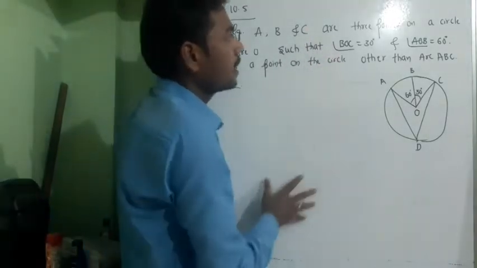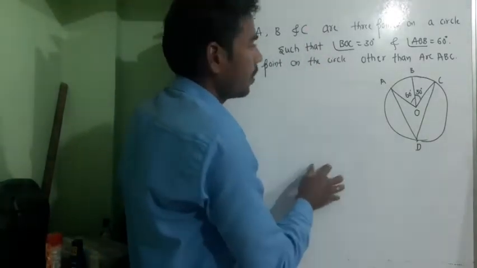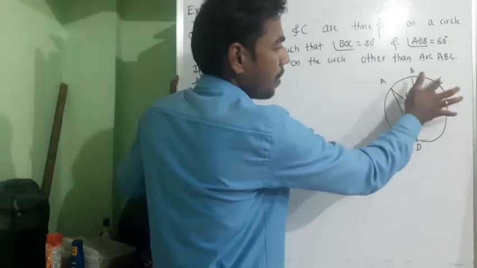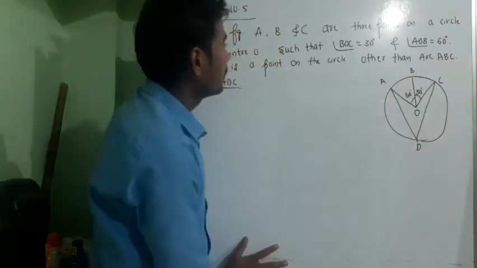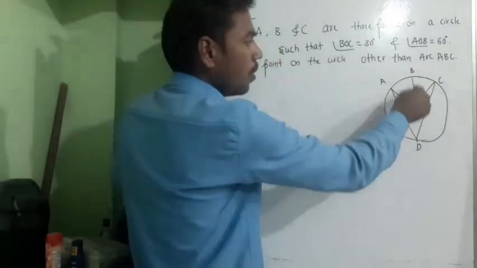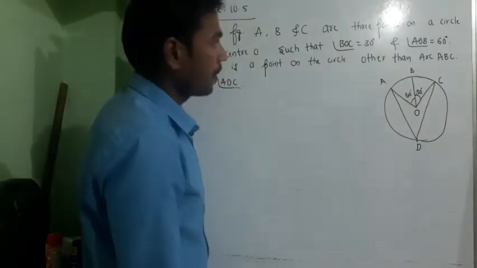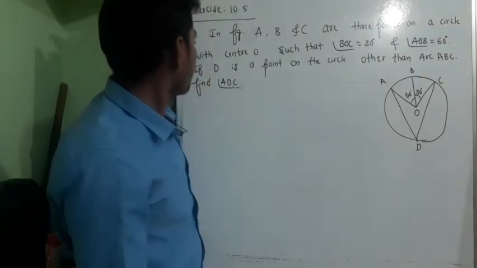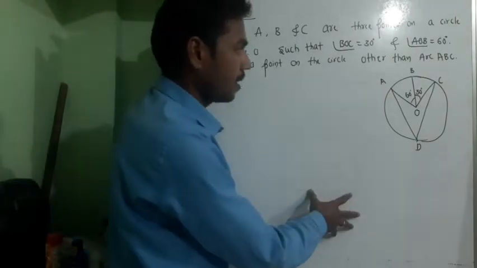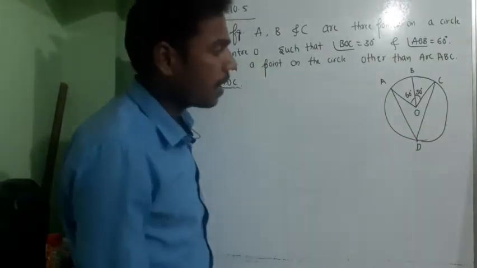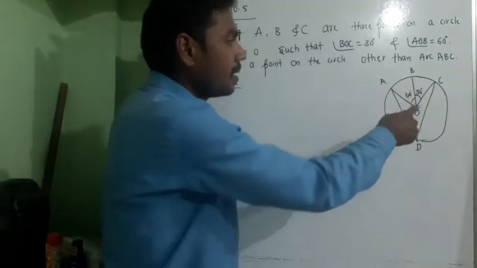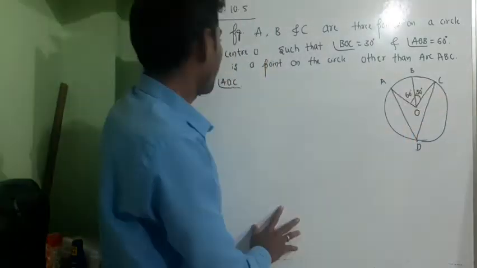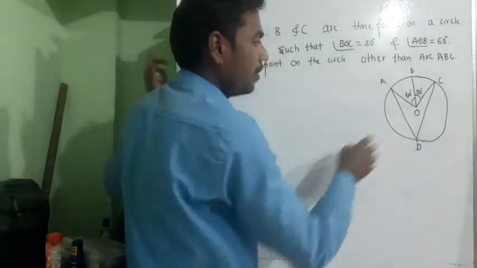A, B and C are the 3 points on a circle with center O such that angle BOC is 30 degrees and angle AOB is 60 degrees. D is one more point on the circle other than arc ABC, and we need to find angle ADC.